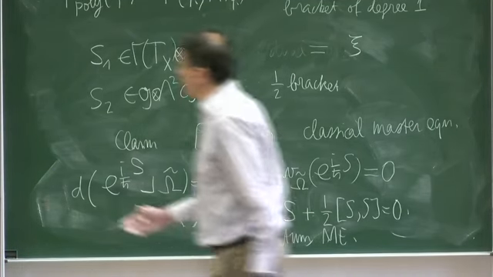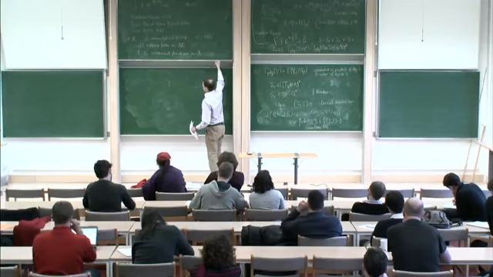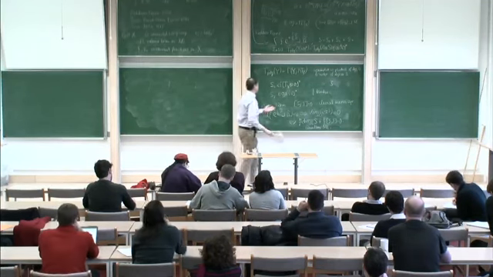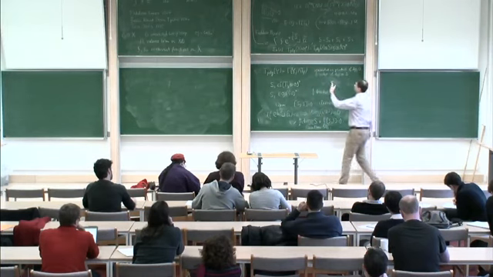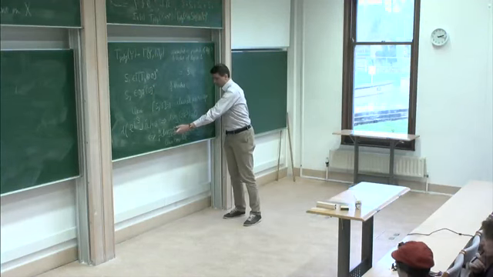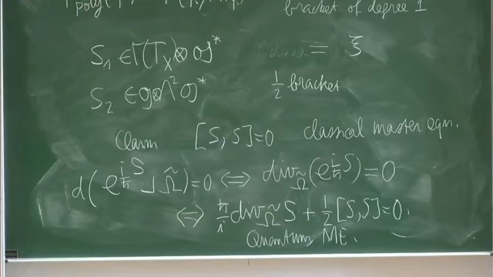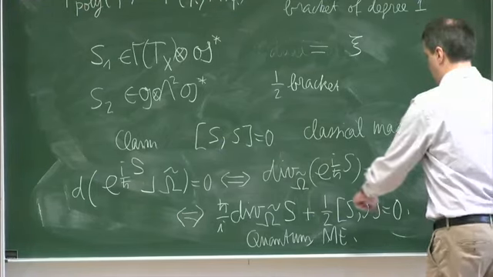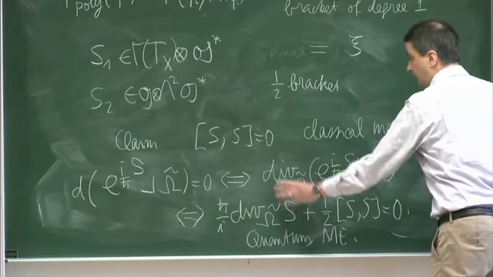Right. And now for this to make sense, you want this to be 0, and you want also f, which will be invariant, to be a cocycle for the corresponding cohomology, given by div plus bracket with S. But in this case, you have a stronger equation which holds, which is that both terms are 0.